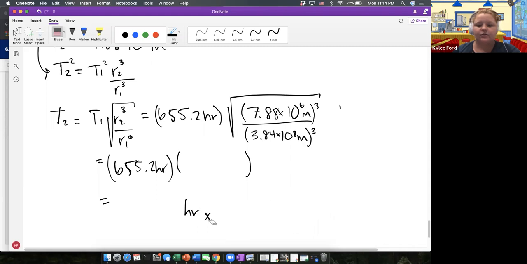Sorry, my dog is whining. Okay. So we've got that value divided by 4 to the third, square rooted.